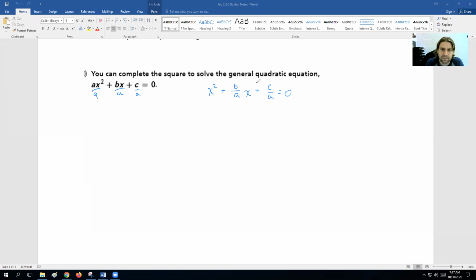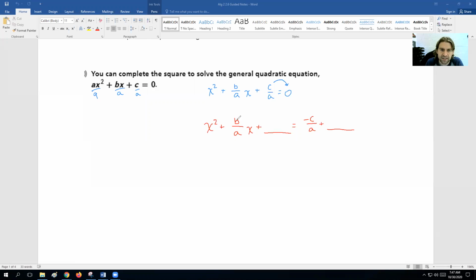When I want to complete the square, what we need to do is move this over to the other side and get a blank on both sides. So the next step, we would get x squared plus b over a x plus blank equals negative c over a plus blank. Okay, so far so good.